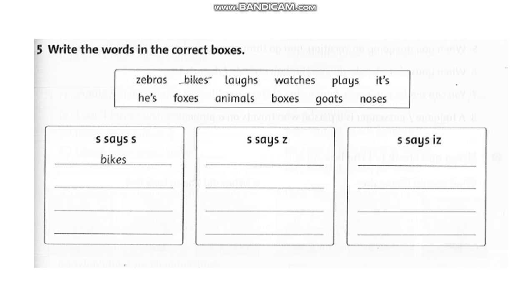Exercise number 5. Write the words in the boxes. We will read together. Zebras, buys, laugh, watches, plays, is, his, foxes, animals, boxes, goes, knows.